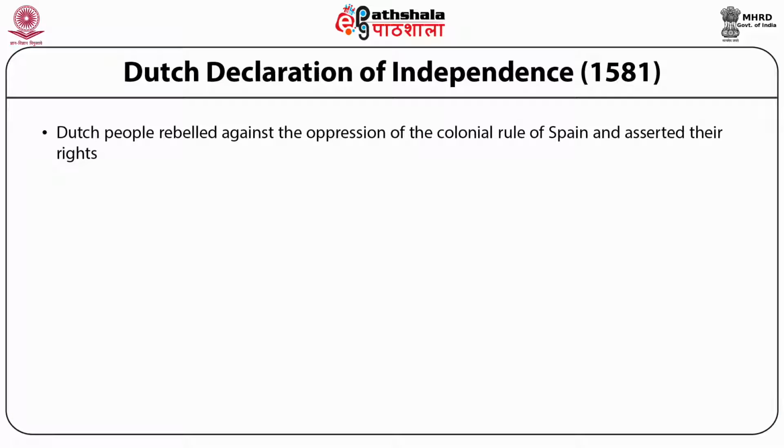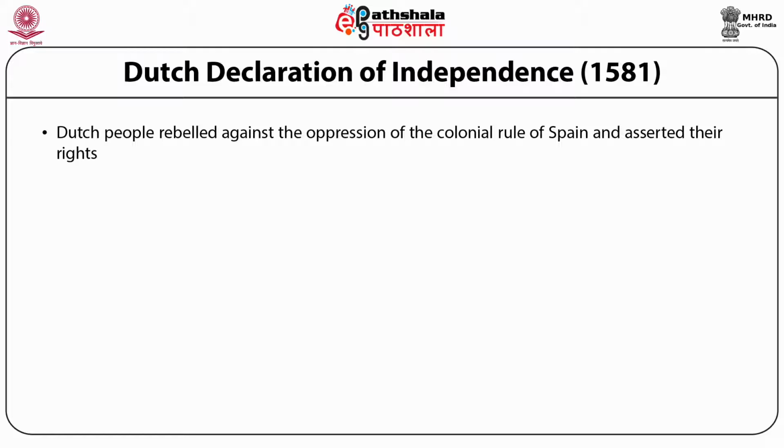Dutch people were under the colonial rule of Spain. They were oppressed. They didn't have self-rule. They were taxed, and their human rights were not respected. Eventually, they rebelled against the oppression of the colonial rule, and they gave to themselves the Dutch Declaration of Independence in the year 1581.